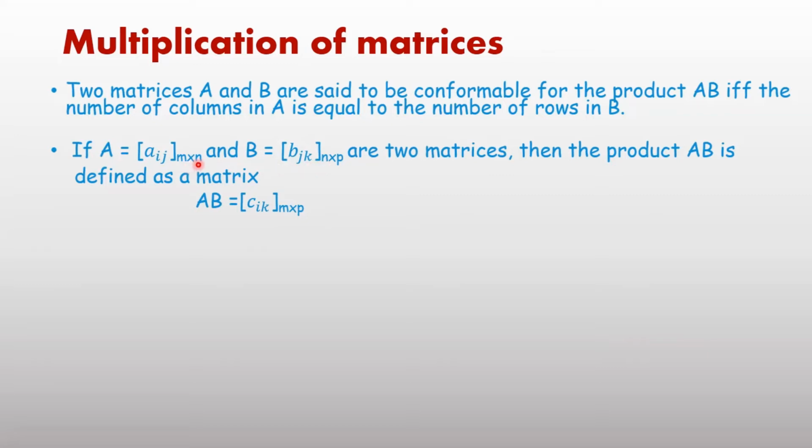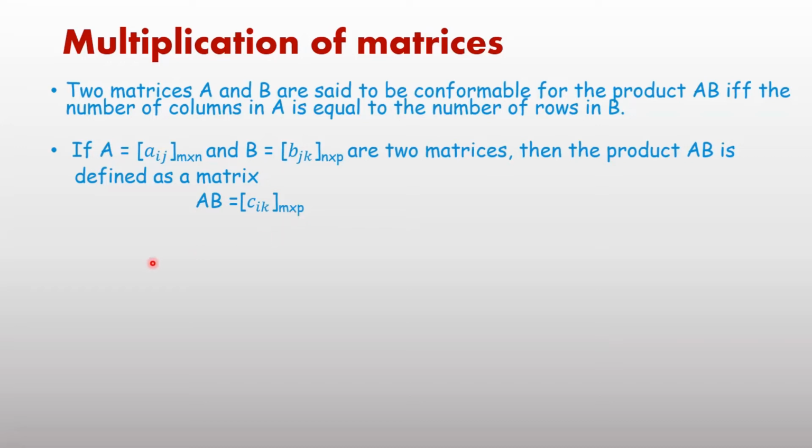Here in first matrix n represent number of columns, in second matrix n represent number of rows. Then resultant matrix AB you will get a matrix of order m by p. Remove n. Here number of rows m, in second number of columns p. Resultant matrix AB you will get as order m by p.